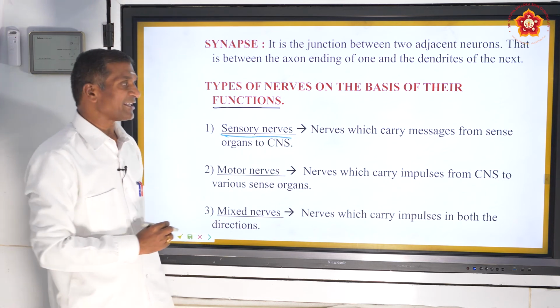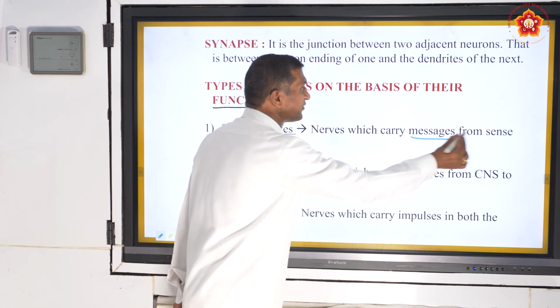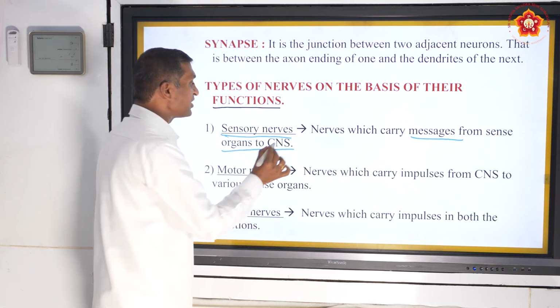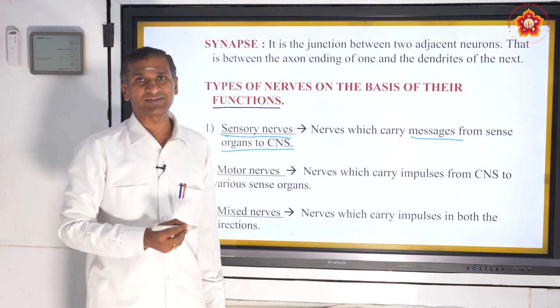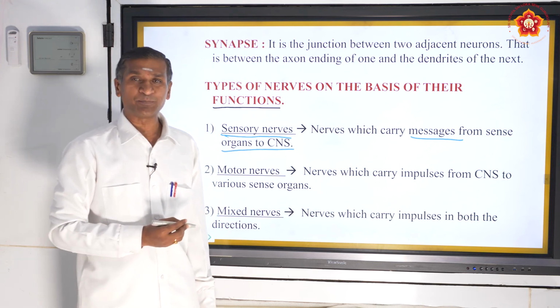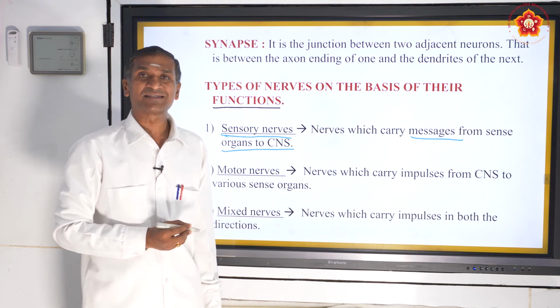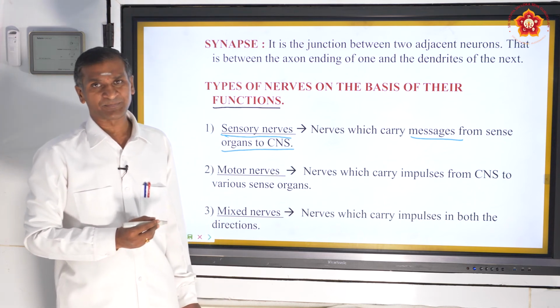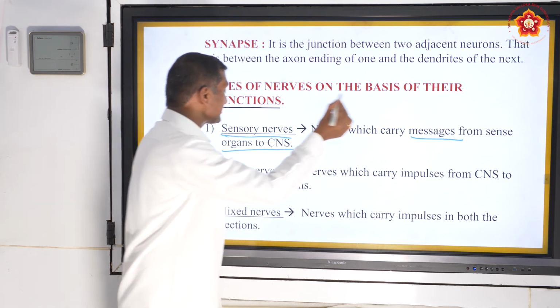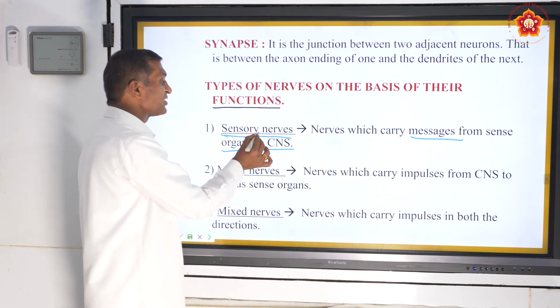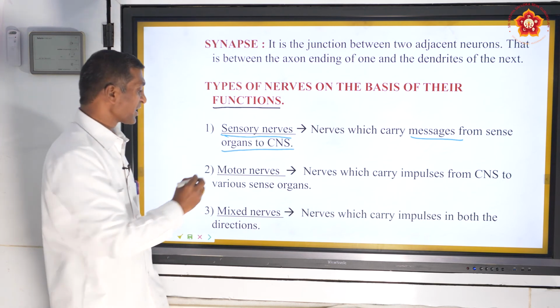Nerves which carry the messages from sense organs to CNS. What is this CNS? In the further class we will discuss. The abbreviation CNS is Central Nervous System. So the messages from sense organs reach the CNS through sensory nerves.